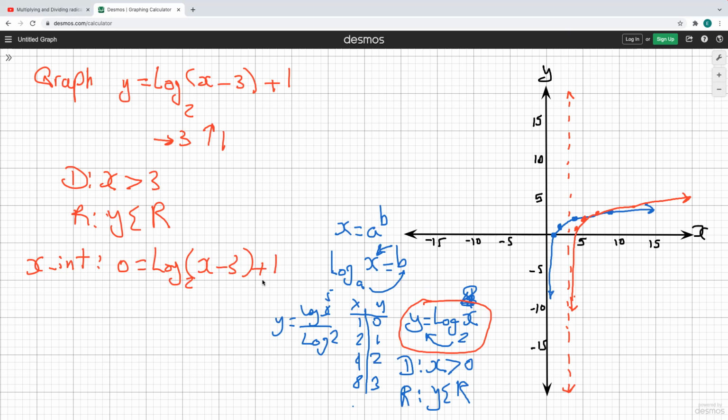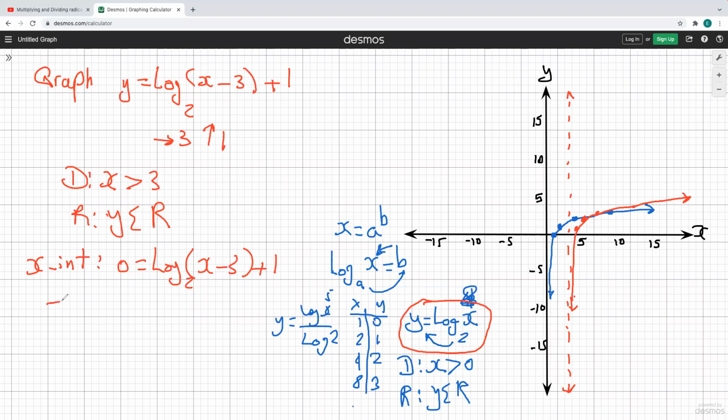Now what we've got to do is move the 1 to the other side, so we get negative 1 equals log base 2 of (x minus 3). Now we've got to go back to this right here, which is going from logarithmic form to exponential form. So the a here is the 2 and the b is the negative 1. So 2 raised to the power of negative 1 equals x minus 3.